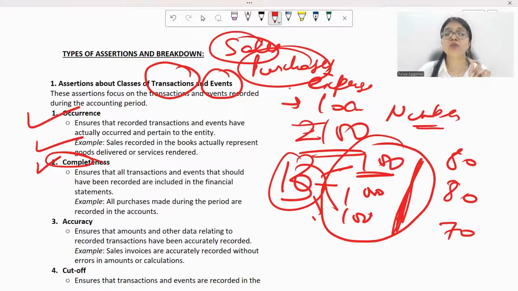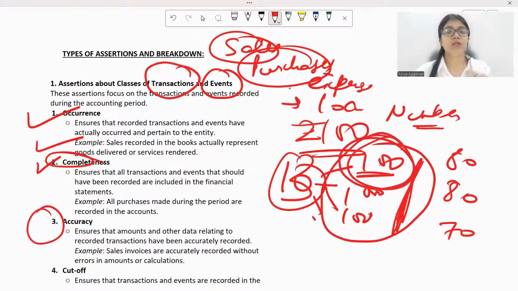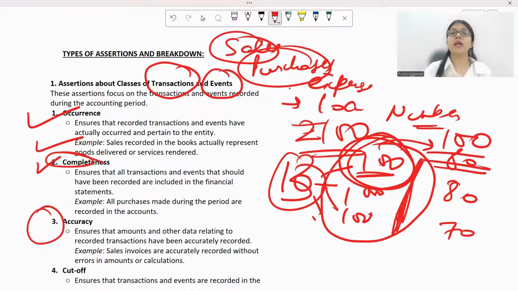That is the accuracy assertion. So the accuracy test is that the value of the goods, the value of the transactions, the value of the events that has happened is actually correct. So basically when I talked about it here, my revenue actually is 100, and in my books of accounts also I have recognized it as 100 only and not 80. Okay, so it ensures that amounts and other data related to the recorded transactions have been accurately recorded.